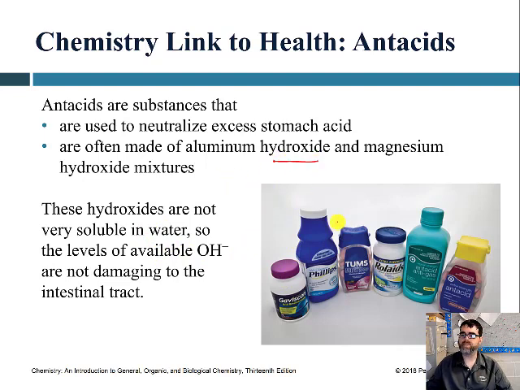Aluminum or magnesium hydroxide are your most common ones, and then they will neutralize that acid, but they use ones that are not very soluble, so that you don't get really high pHs of hydroxide in there, which would also be damaging. And so we neutralize a strong acid with a weak or not very soluble, or both, base, and that's your health link there.